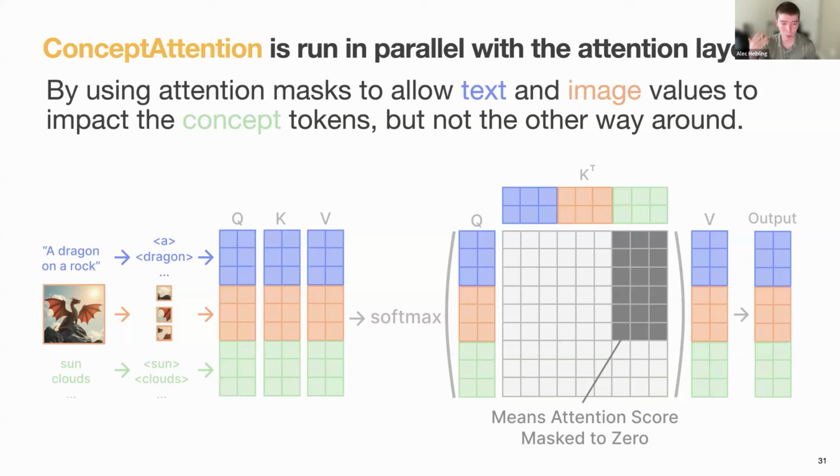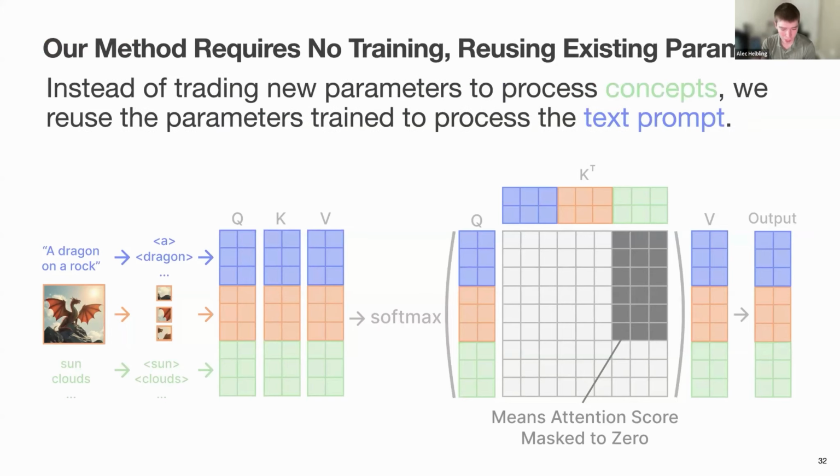So the additional memory and computational overhead of this is relatively minimal. So it's not prohibitively expensive to run. And like I said, it reuses only the existing parameters of the model and doesn't require any additional training. So you can readily apply this to a new model as soon as that model is released. There's not an expensive training approach.